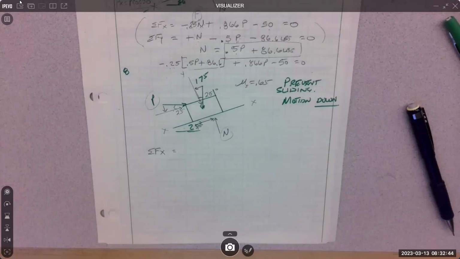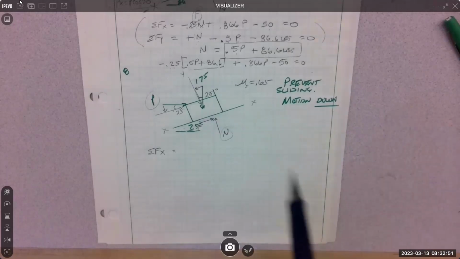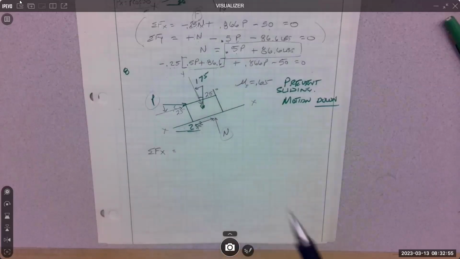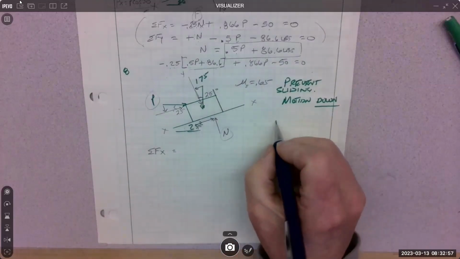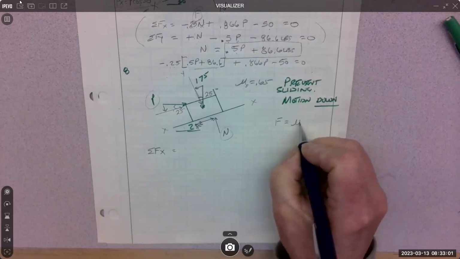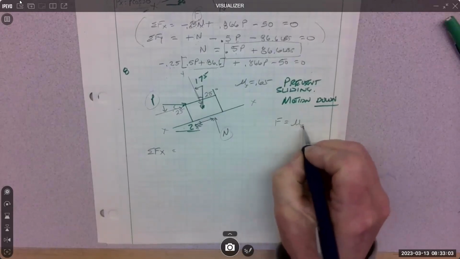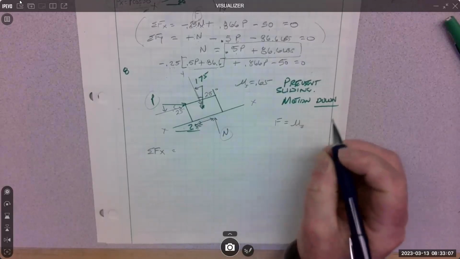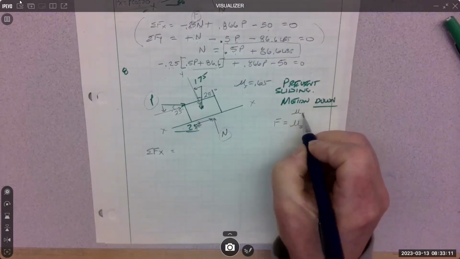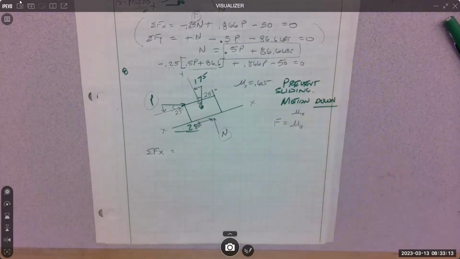What's the S in the force equation? It's F equals mu times N. Friction equals the static coefficient. S for static, because there is a kinetic coefficient.